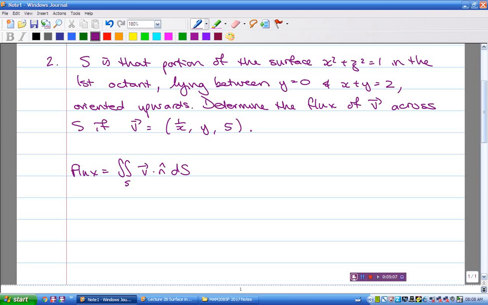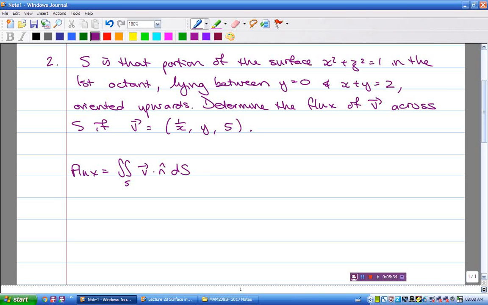But the other way you're going to use your surface equation is to get your normal, to get that n. And to get that n, we're going to work out the three-dimensional, three-component vector grad of our surface. And for that, we need to have all the variables together on the same side of the equal sign.